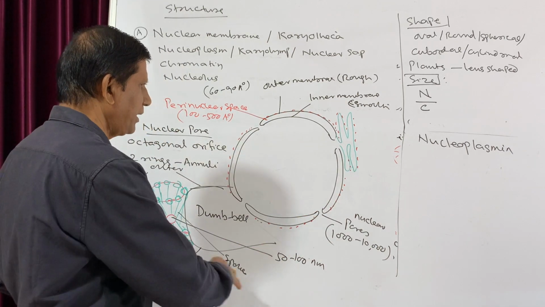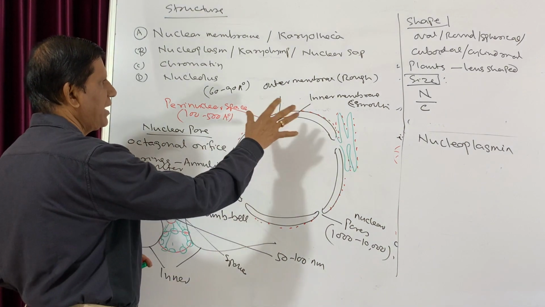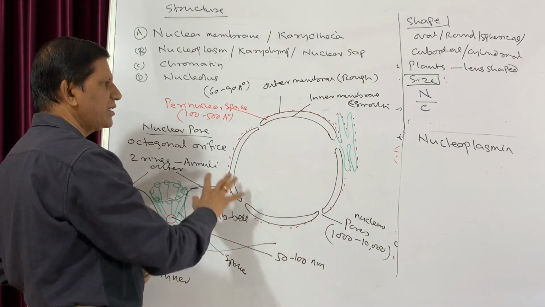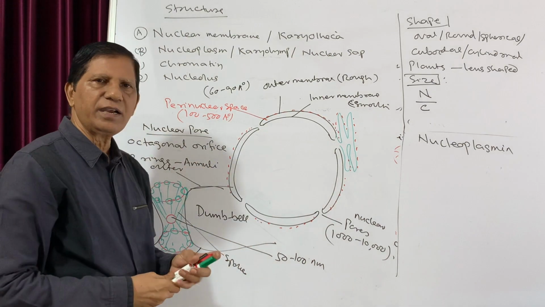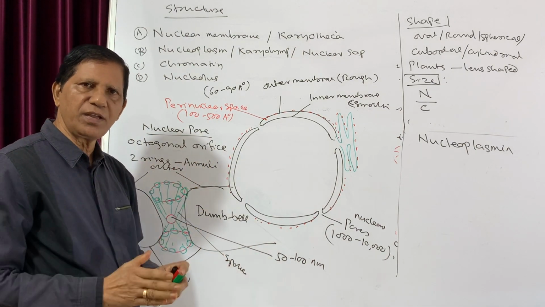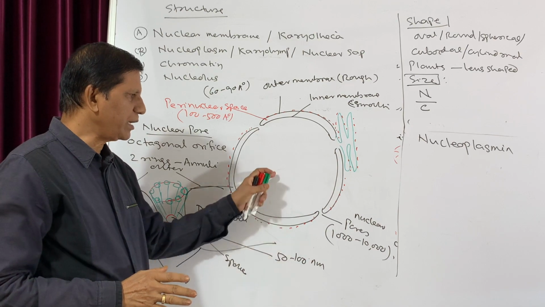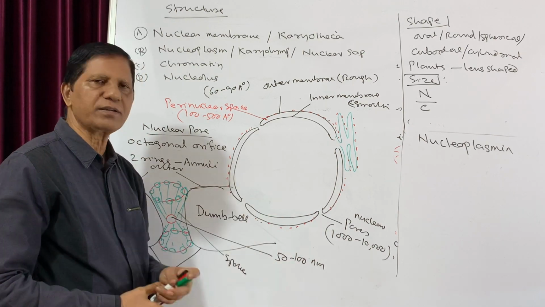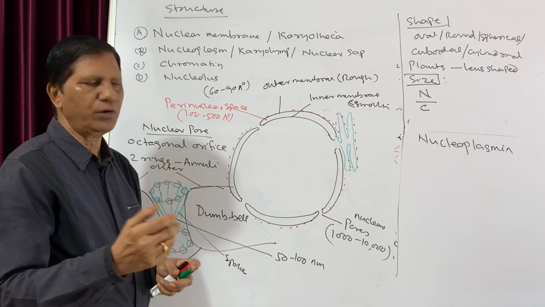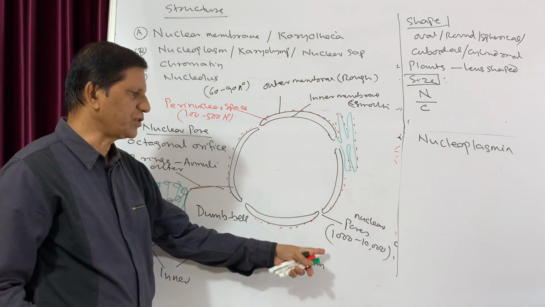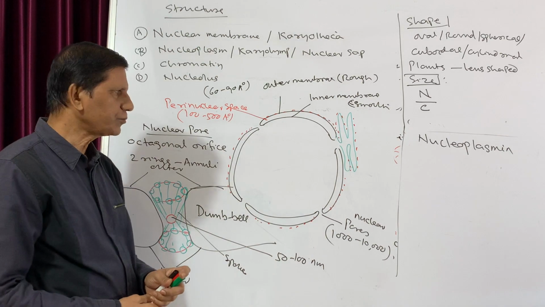So this is about the different aspects of the nuclear membrane or karyotheca, its structure and its importance. The nuclear membrane maintains the shape of the nucleus, and also it facilitates the to and fro movement of substances, that means from the nucleoplasm to the cytoplasm and vice versa.